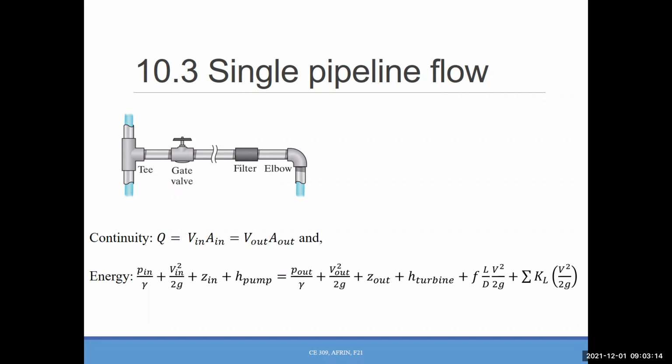We usually don't work with the momentum equation for pipe flow unless we need to work with any force. So you will not see that much use of momentum equation here, but that doesn't mean momentum is not conserved. It is conserved, but since we are not working with force here, you will not see it in the calculations. Most of the time we will use the energy equation and the continuity equation.